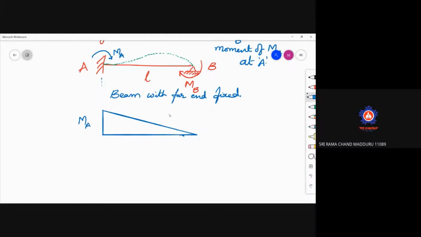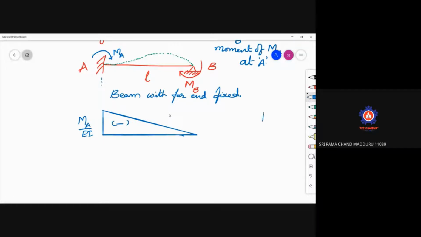So you will consider this one as moment MA. You can consider this as MA by EI diagram. If you consider it as a hogging moment, you can take it as negative. Why?